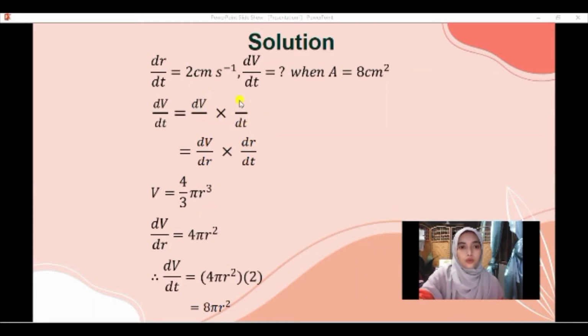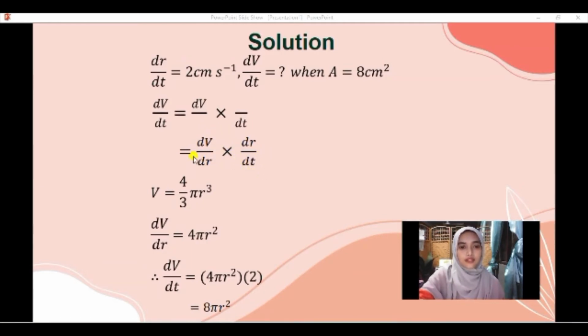What we have already here is the rate of change of radius, dr over dt.